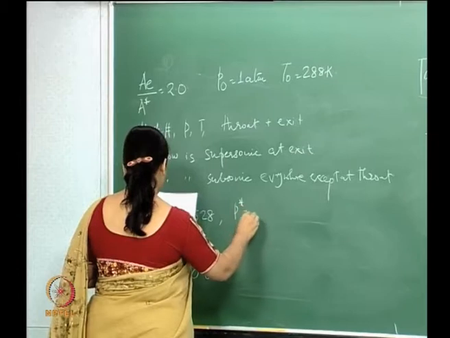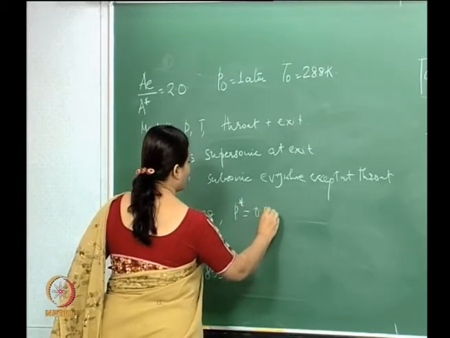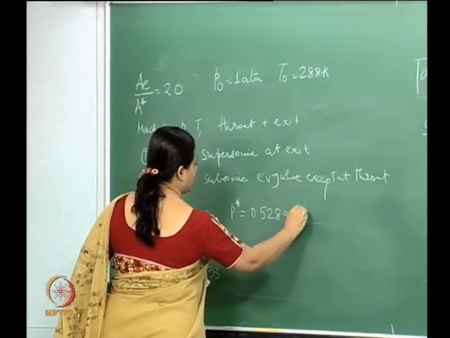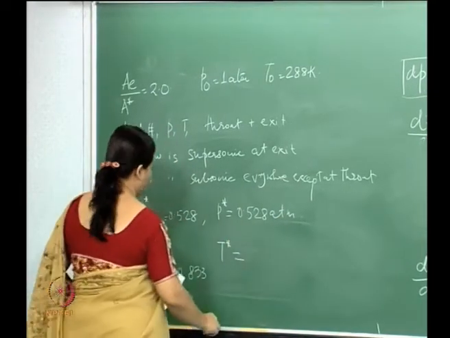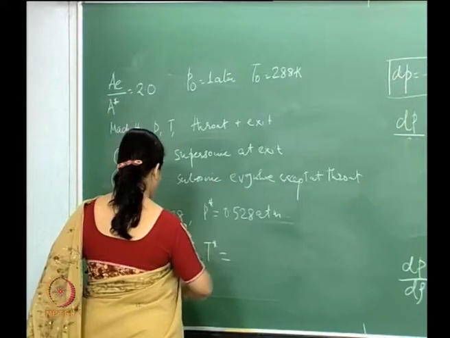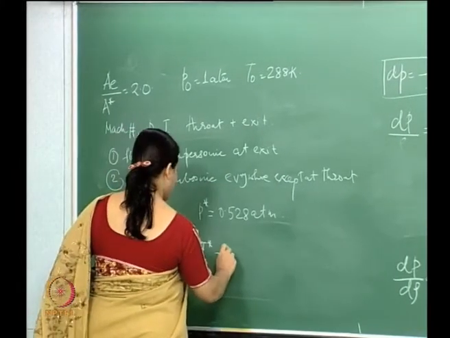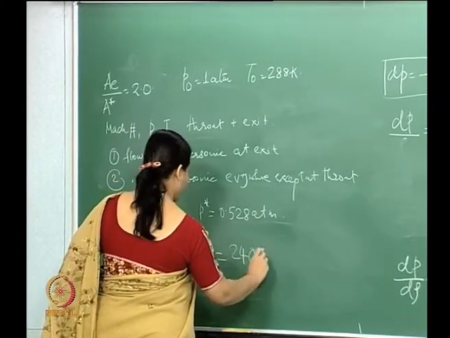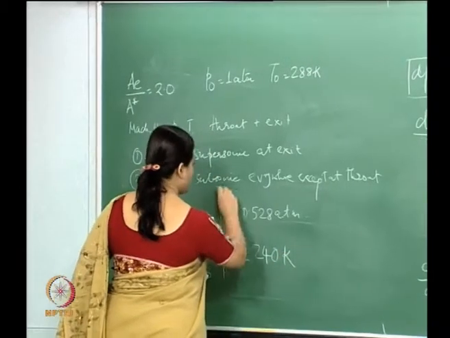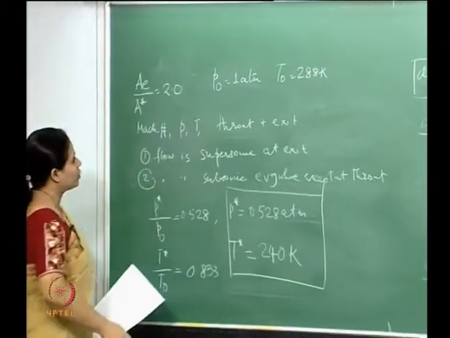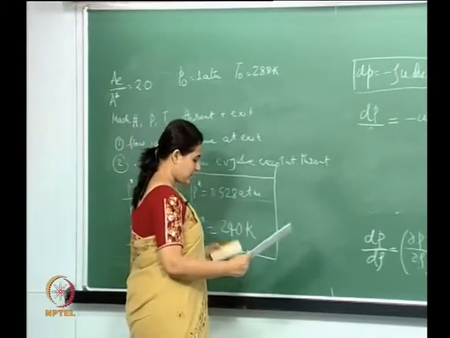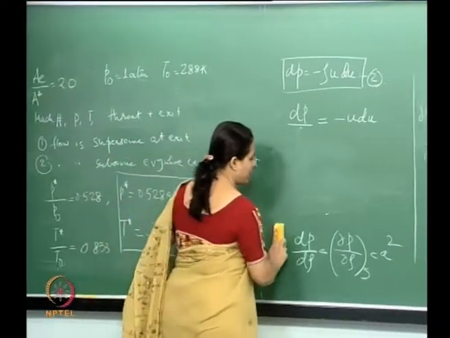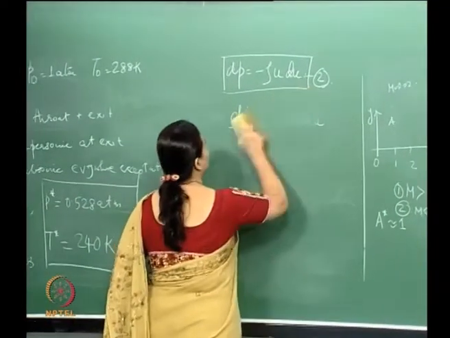We get P star as 0.528 times P naught, and T star is equal to 288 into this, which we get as 240 Kelvin. So, these are my throat conditions. Okay, so one easy step we get this. Now next we basically have to find out the exit conditions.